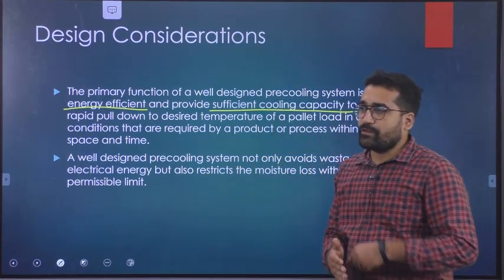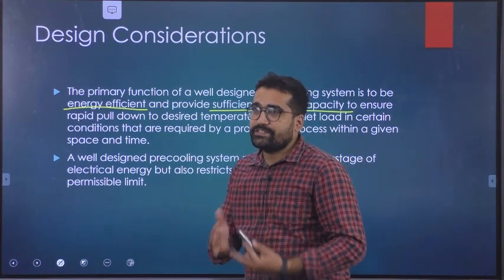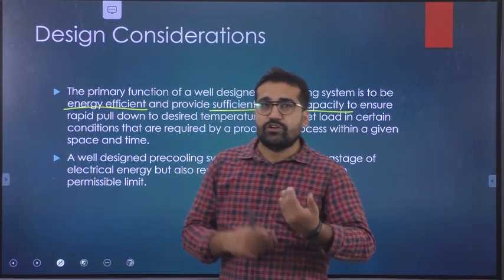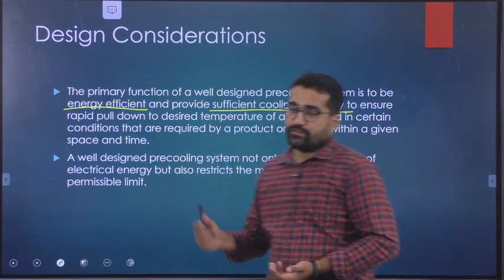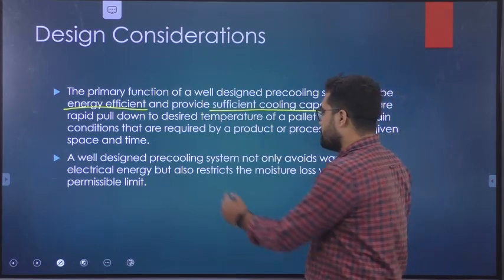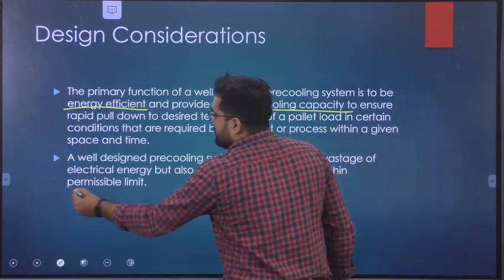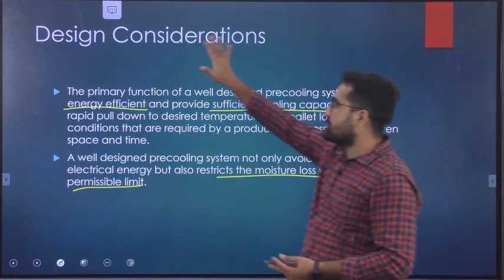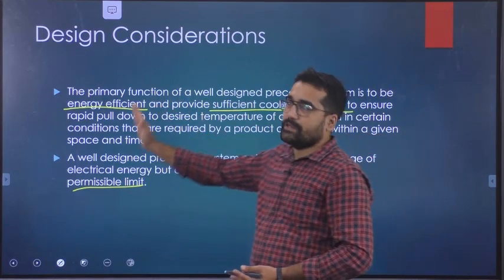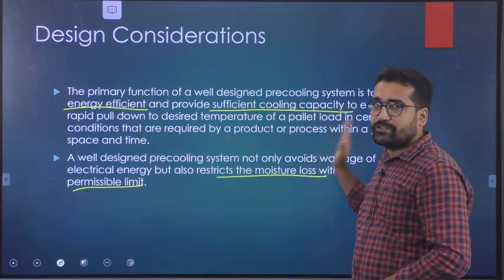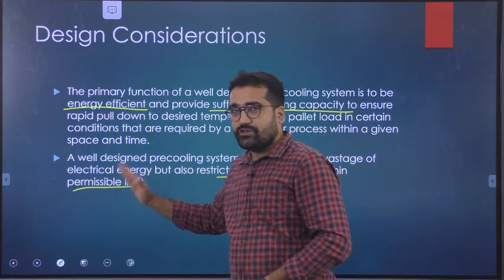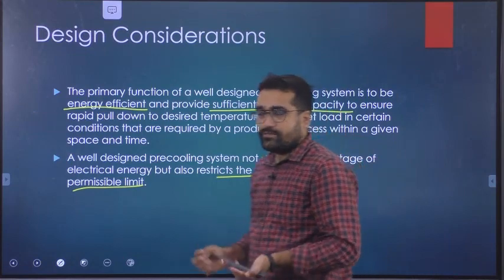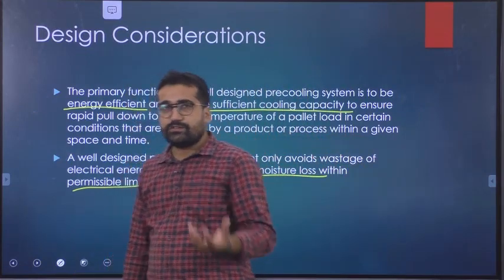So if our pre-cooler is designed properly, we can reduce moisture loss from the produce also. These are the parameters to consider before designing the pre-cooler: it should be energy efficient, the capacity should be optimum, and it should restrict some moisture loss so that the quality of the product is maintained.